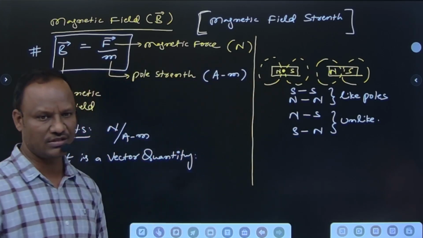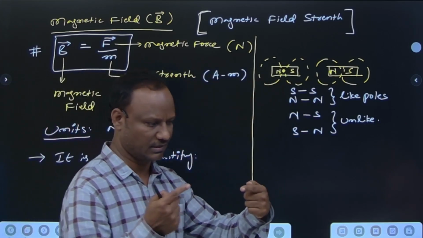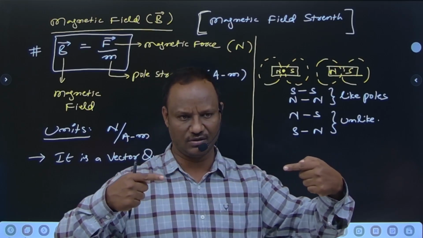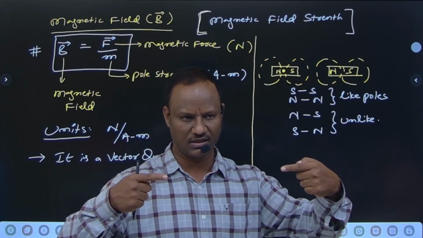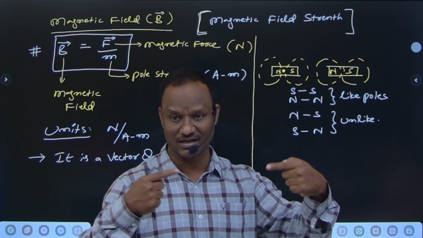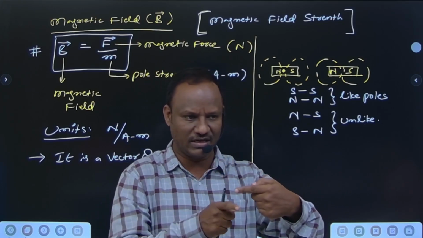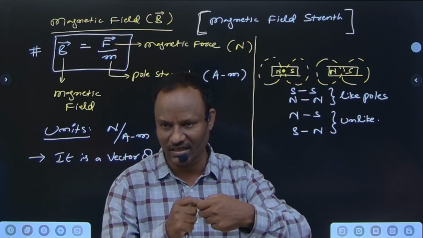When you choose two bar magnets and they are far away, do they attract each other? No, because the fields are different. When they come near, what happens to their lines of force? They interact with each other.